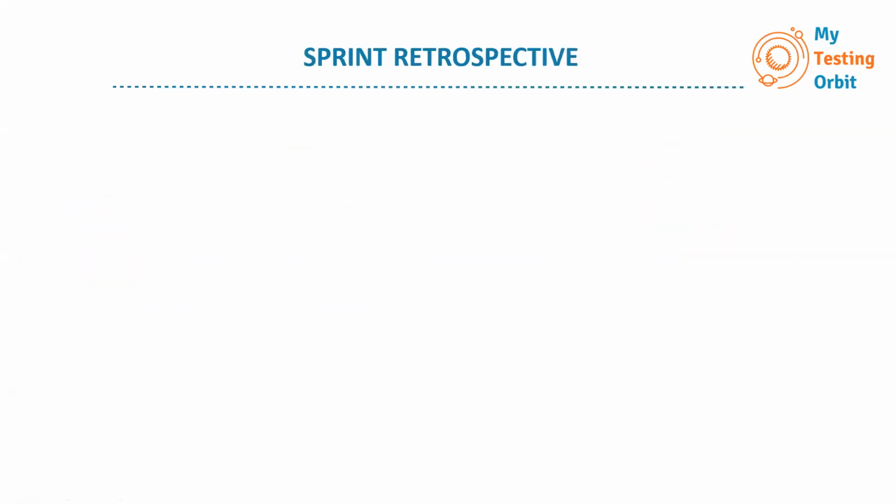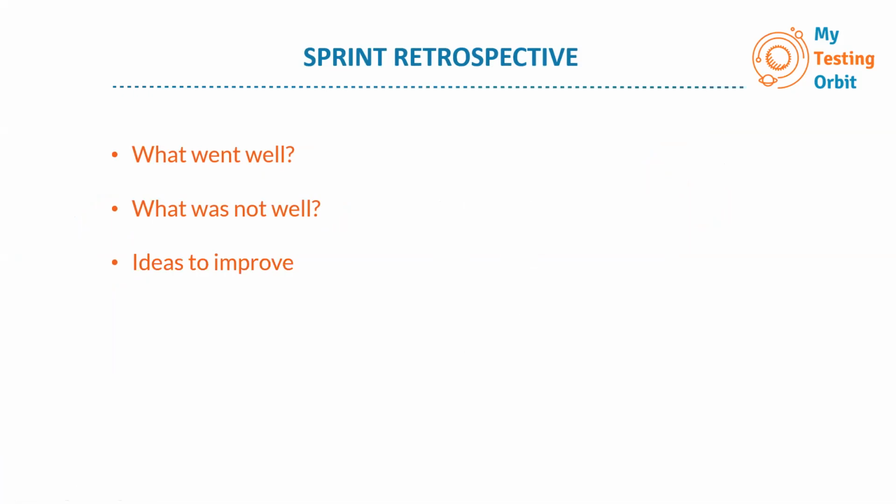Okay, so after sprint review, let's go ahead and have a look at sprint retrospective. So in sprint retrospective, we discussed 3 things: what went well, what was not well, and ideas to improve.